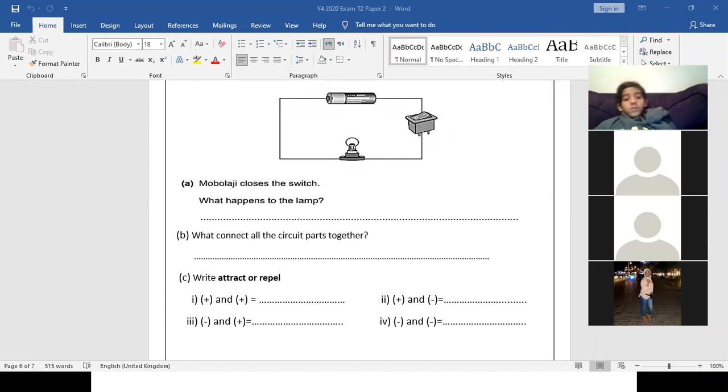Numbers 1 and 4 are going to repel. And 2 and 3 are going to attract. Very good. So 1 and 4 are going to repel, while 2 and 3 are going to attract. Very good. Thank you, Ahmed.